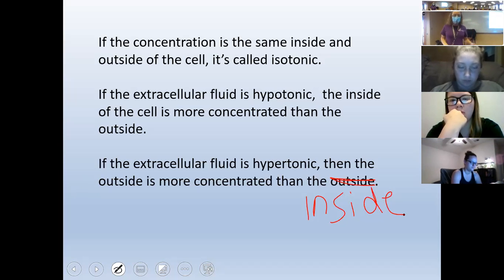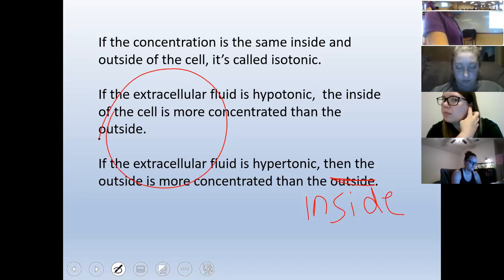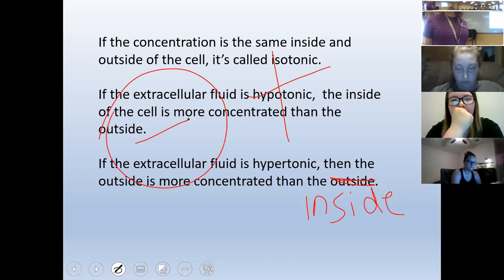So if I have a cell, don't forget you guys, you are allowed to draw on this if you want to. I have a cell, the pressure is greater on the outside than the inside, and I want this to be even Steven. How is it gonna move?